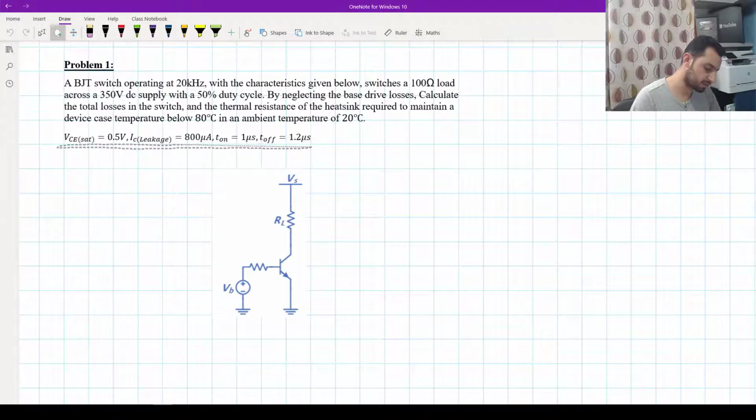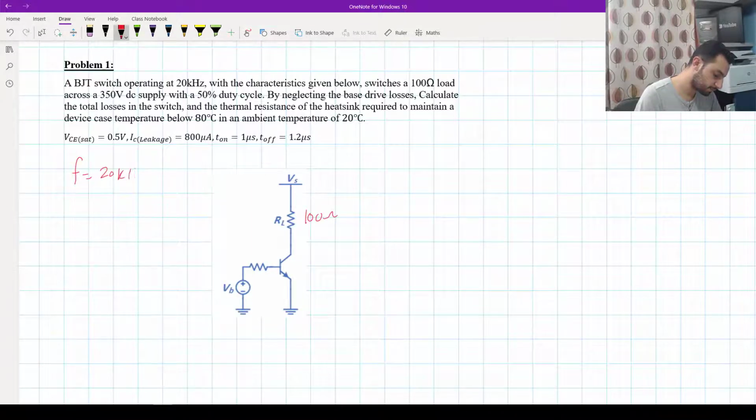It switches a 100 ohm load, and the frequency is 20 kilohertz, across a DC voltage supply, Vs equals 350 volt. And the duty cycle is 50%, so that means delta equals 0.5.